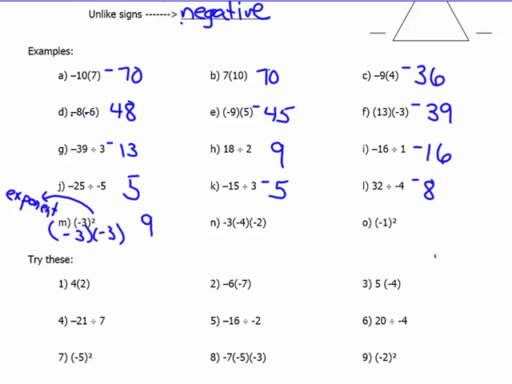For letter N, I'm going to go in order from left to right. So -3 times -4 is 12. And then if I do 12 times -2, that's 24. Positive times a negative is a negative. And for letter O, we have -1 times -1. 1 times 1 is 1, and then like signs means that it's positive.